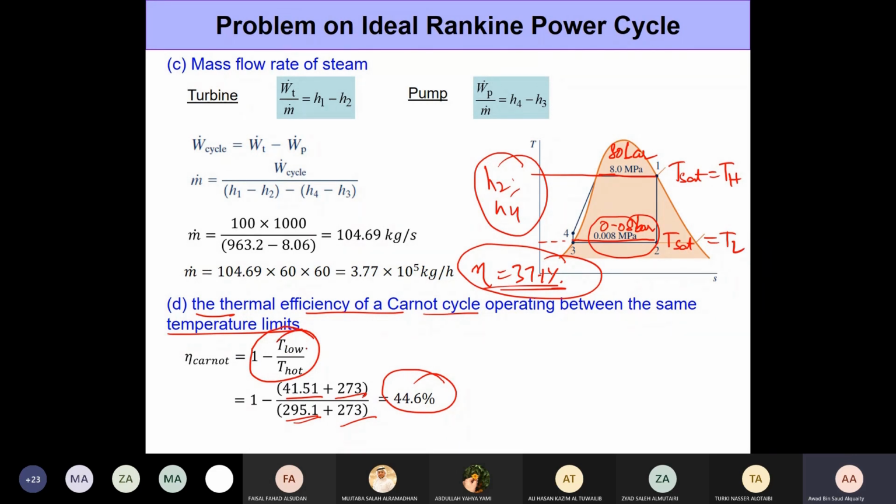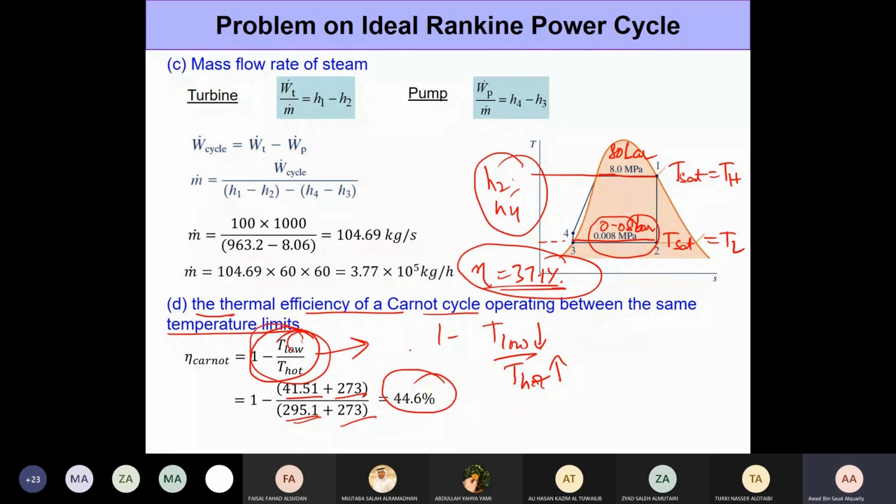So you need to play with this formula, right? You have 1 minus T low by T hot. So if you want to increase efficiency, you have two options: either decrease T low, the temperature of the low temperature reservoir, or increase T hot. If you can do either one of these, you're going to increase the efficiency.